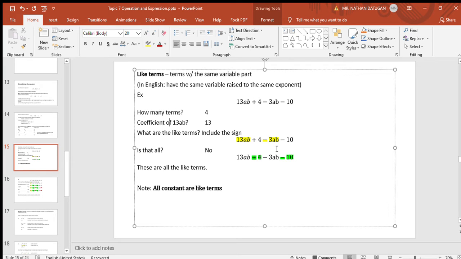No, it's not. 4 and negative 10 are like terms. Again, like terms have the same variable part. In this case, 4 doesn't have a variable part, and negative 10 doesn't have a variable part. So that means they are like terms. Essentially, all constant terms are like terms.